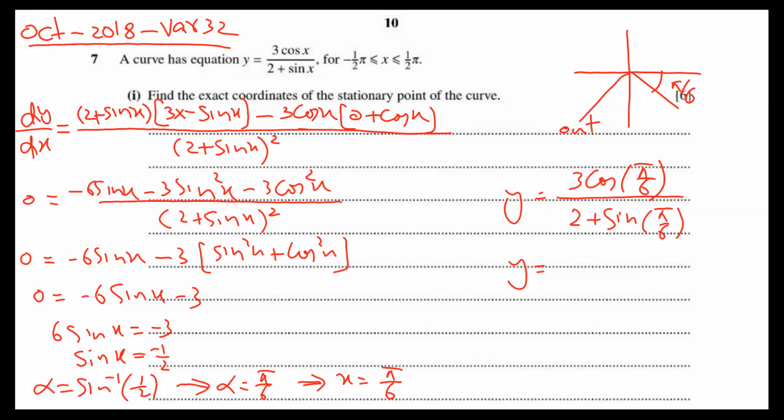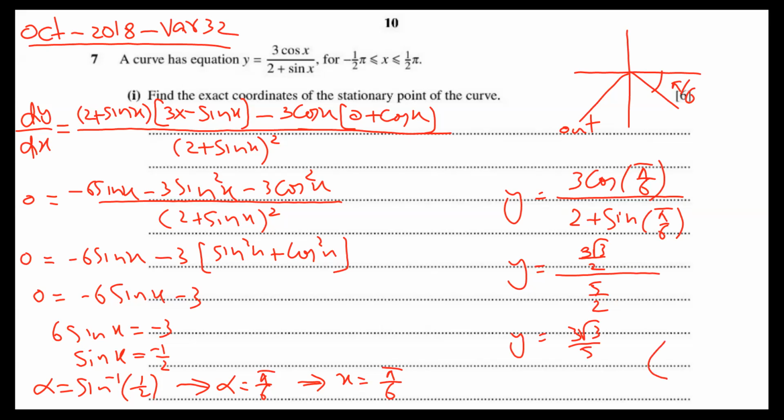Type the numerator separately: 3 times 2 cos pi by 6 gives you 3 root 3 by 2. Similarly, in the denominator, 2 plus sine pi by 6 gives us 5 over 2. So this 2 and this 2 cancel out, and the y value turns out to be 3 root 3 over 5.